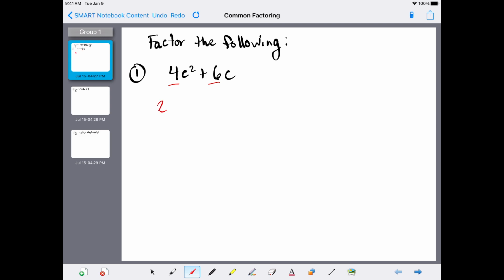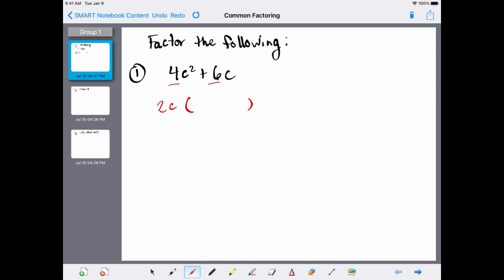And now we can do the same thing with the letters. We have a c squared and we have a c. So the first term has 2 c's and the second one has 1. So we can factor 1 c out. Now we open up the bracket, and what we put inside the brackets is what's left over.